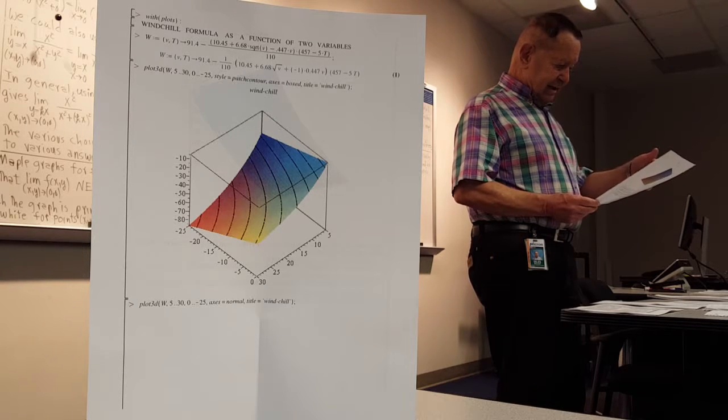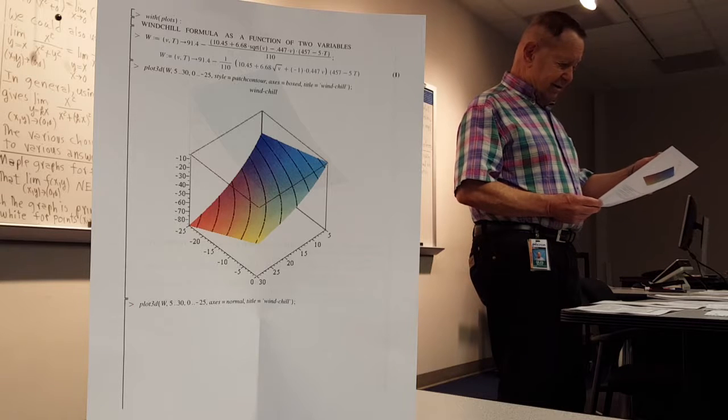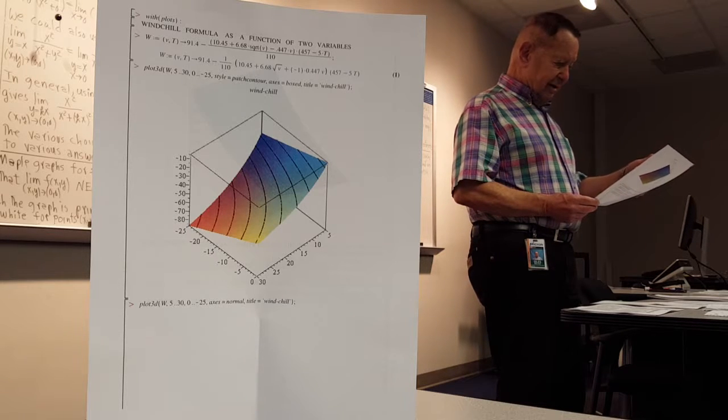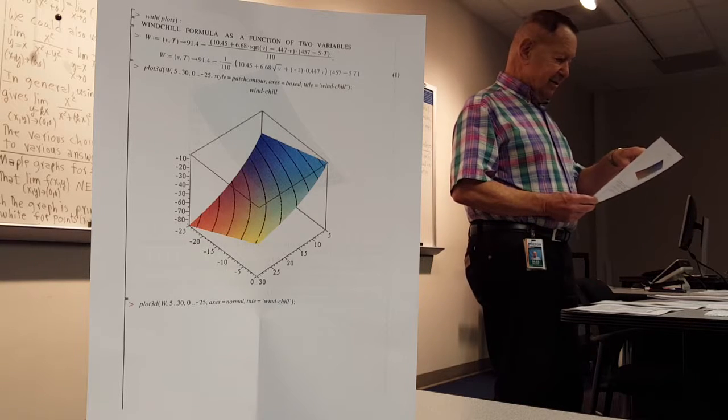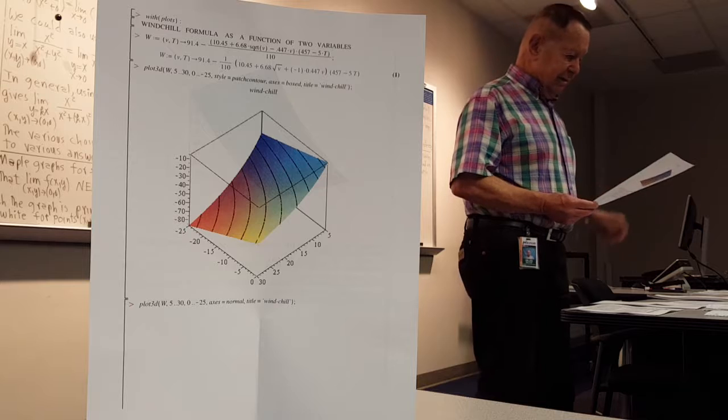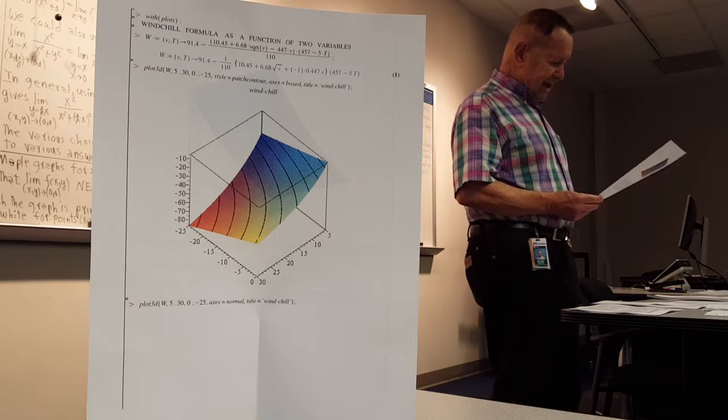So you see then on the vertical, the numbers are your temperatures, where the 0 would be clear at the top, the way that I had entered the numbers, 0 to minus 25.